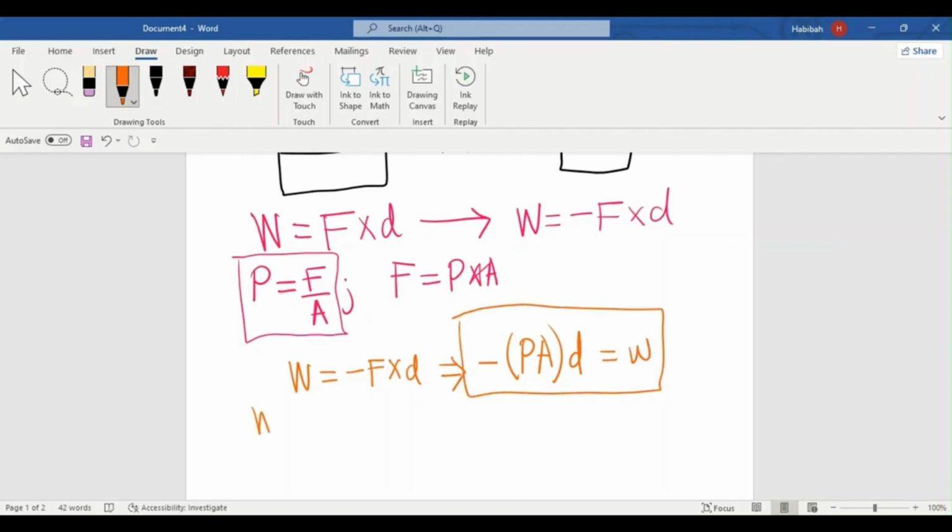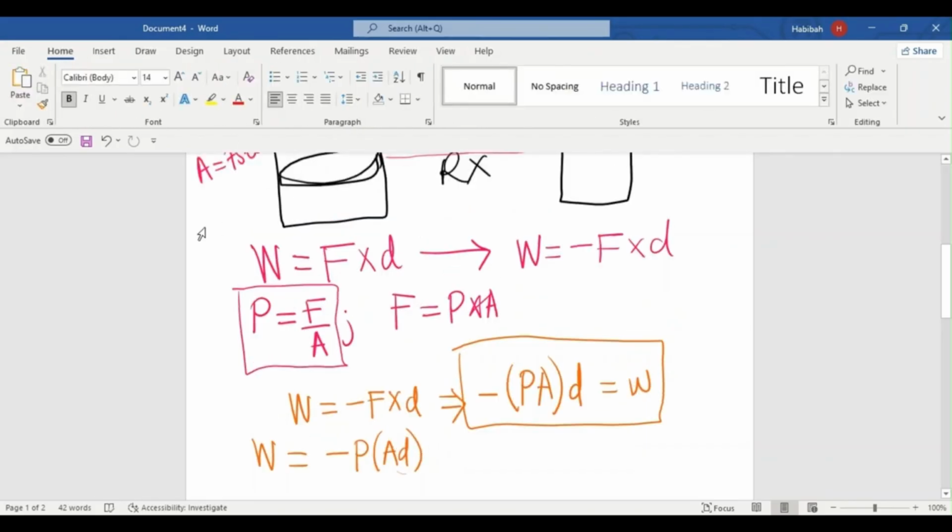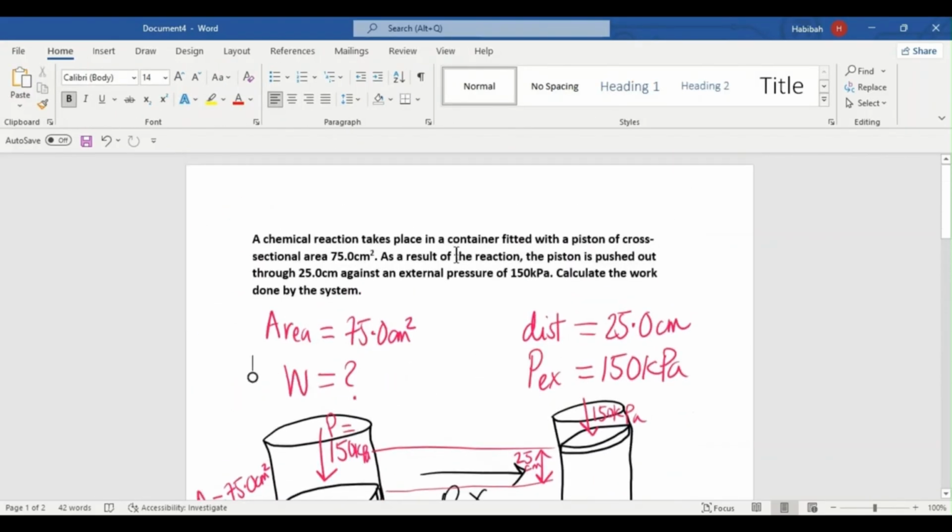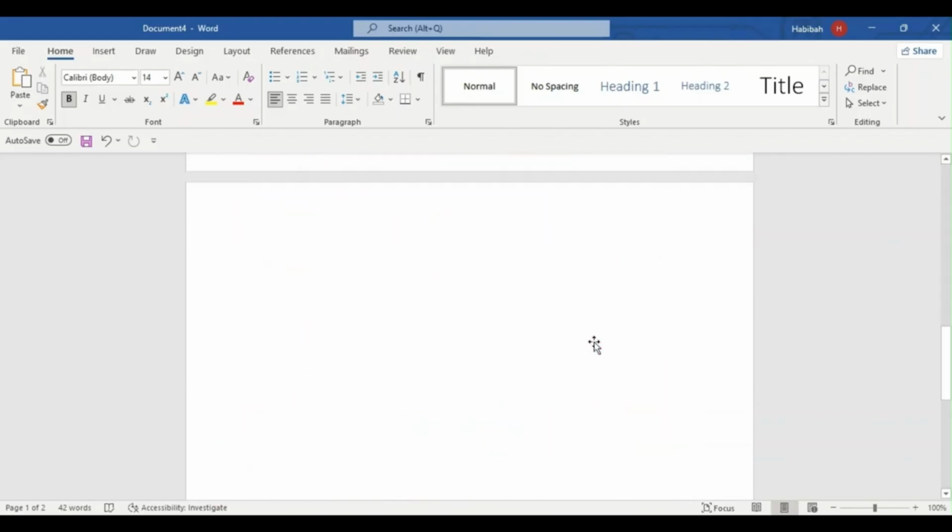So work equals negative pressure times area times distance. I'm putting area and distance in a bracket just because they have similar units, and you're going to see the reason why in a second. We have the value for area to be 75 and the value for the distance to be 25.